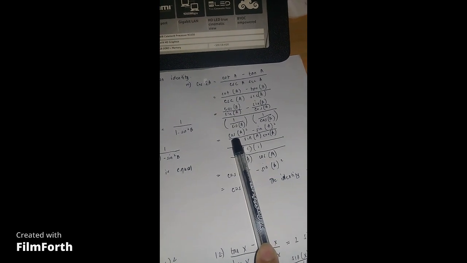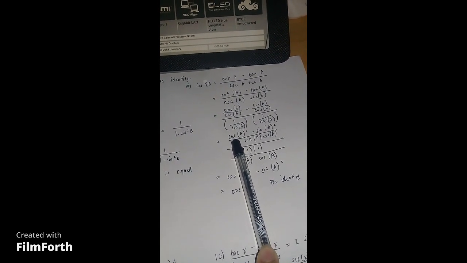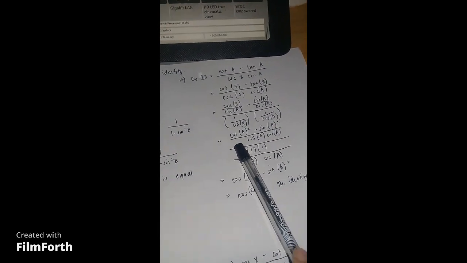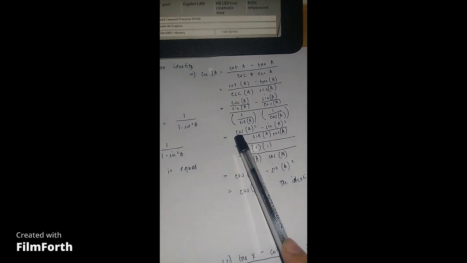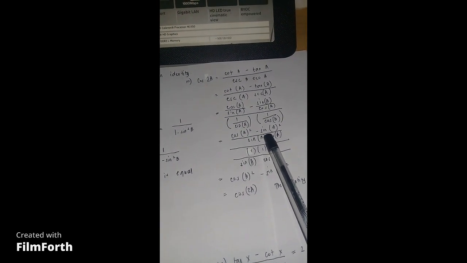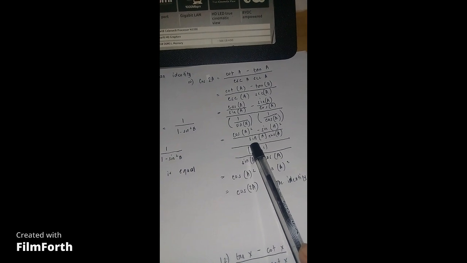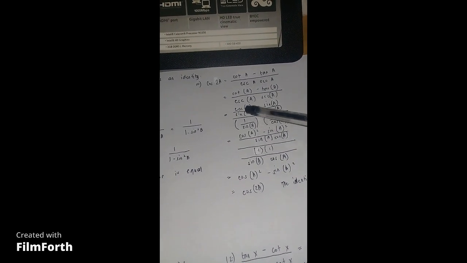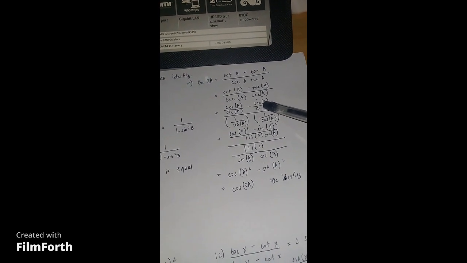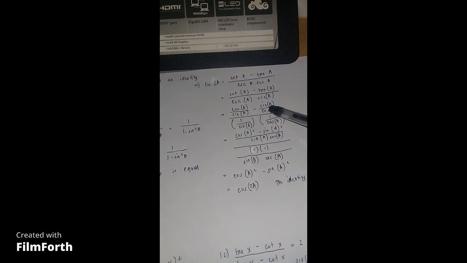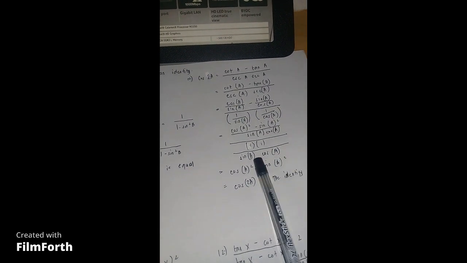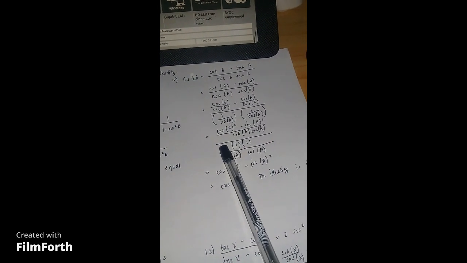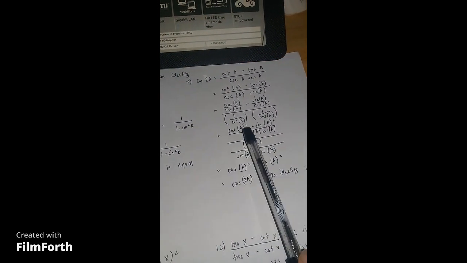So we have to put squared. So cos A squared minus sin A squared, and then just divide both sides. The denominator here we just copy, and here the 1.